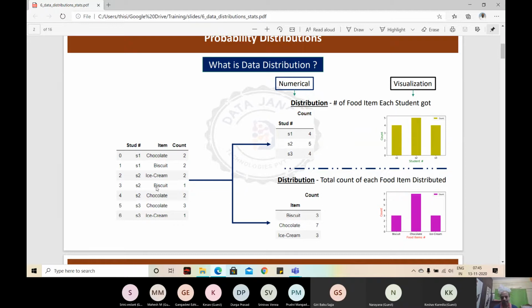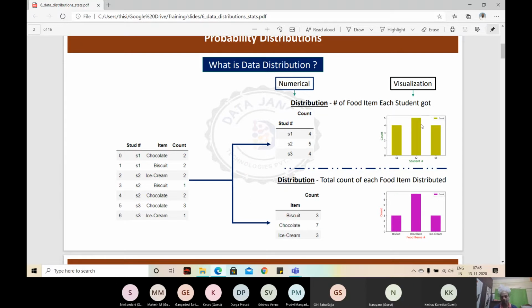So in a data set there will be different distributions. In simple English, distribution means giving away things, or holding some things, and we want to see them visually or statistically. That's called distribution in statistics also.